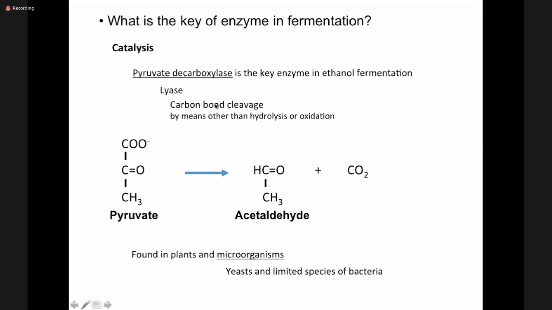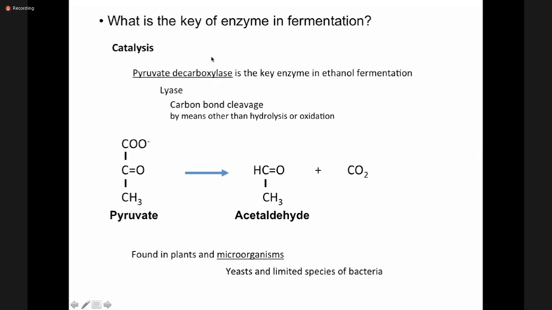Okay, so this is the reaction catalyzed by pyruvate decarboxylase. Pyruvate here, and acetaldehyde and carbon dioxide. So this enzyme is very important for ethanol production.